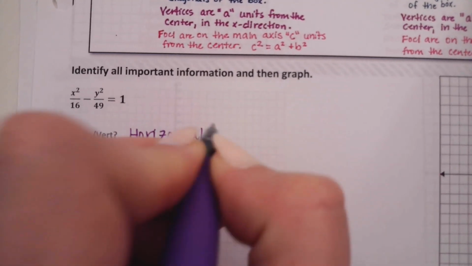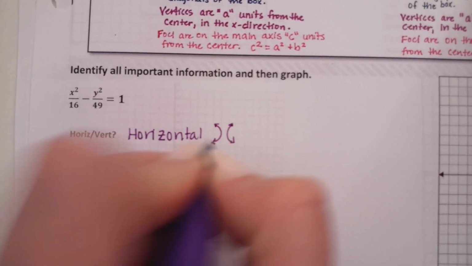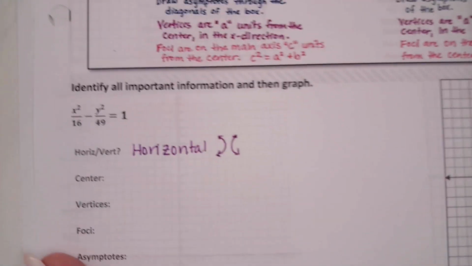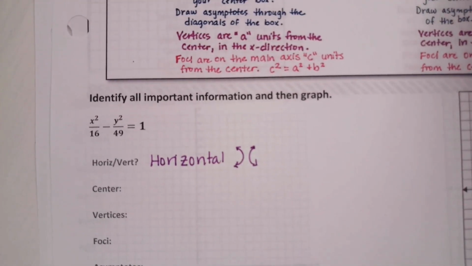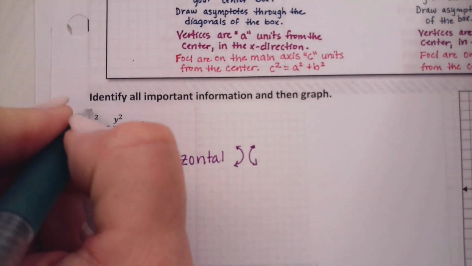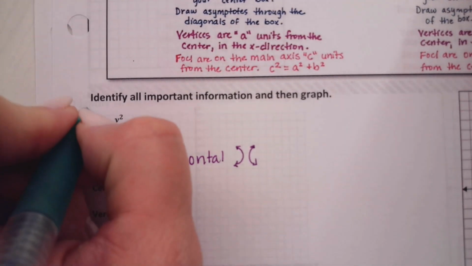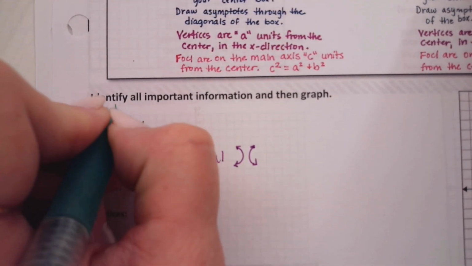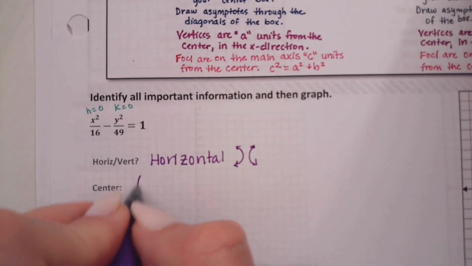So you'll have a left-facing branch and a right-facing branch. My h and k center: remember, h is always paired with the x, k is paired with the y, but if I don't see those numbers, what are they? 0. So my h is 0, my k is 0, which means my center is at 0, 0.